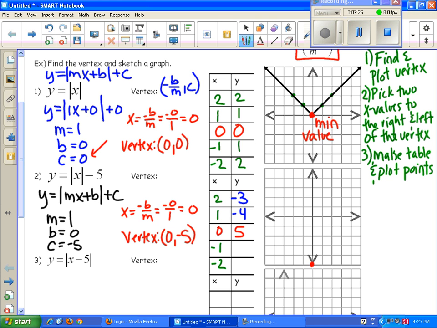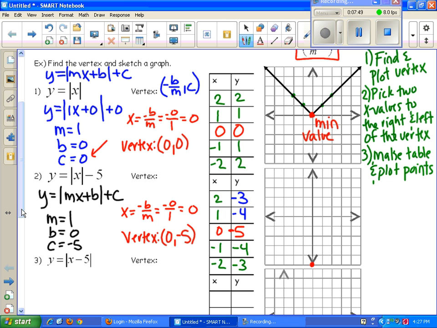And I forgot my negative on my vertex right there, so I'm sorry about that. We've got to put the negative 5 there. So then if I plug negative 1 into my equation, the absolute value of negative 1 is positive 1, and 1 minus 5 gives me negative 4. If I plug negative 2 in, the absolute value of negative 2 is positive 2, and 2 minus 5 gives me negative 3. So now all I have to do is graph this.